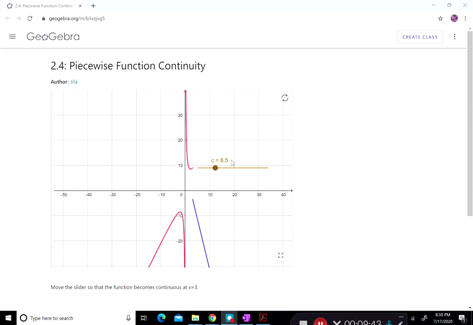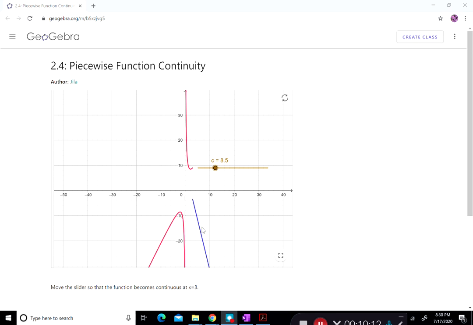So this actually gives you a little chance to look at the two pieces. The first piece, to the left of 3, is a rational function, and then the other piece is a linear function.